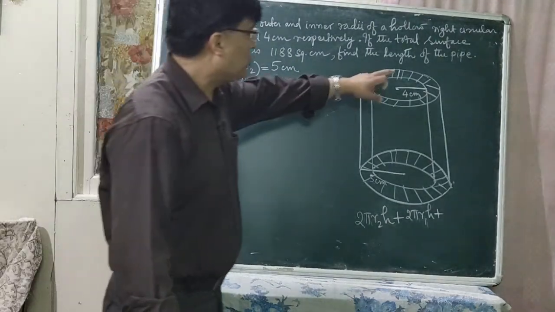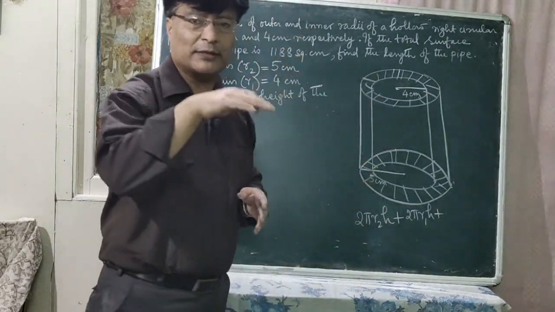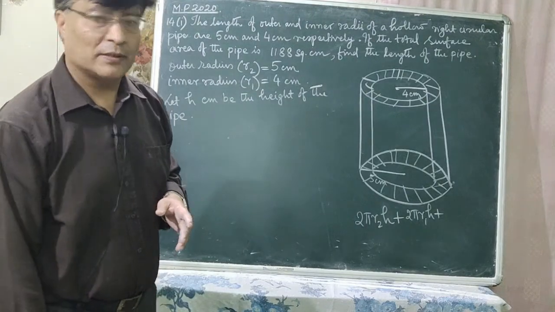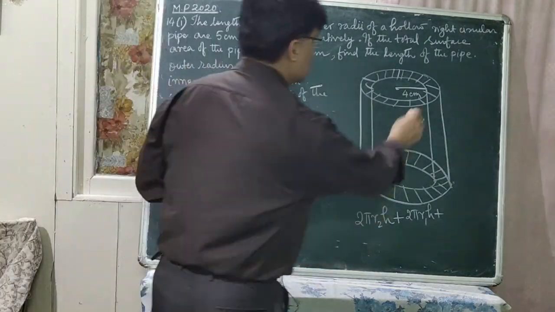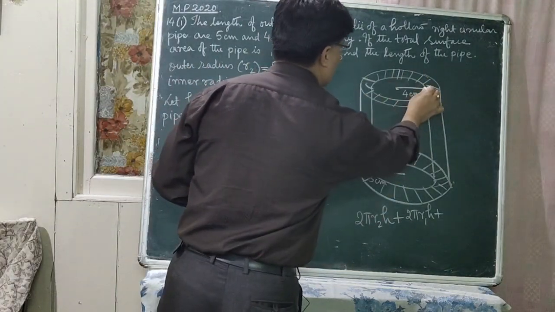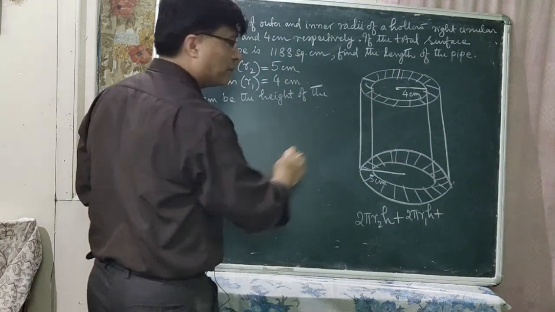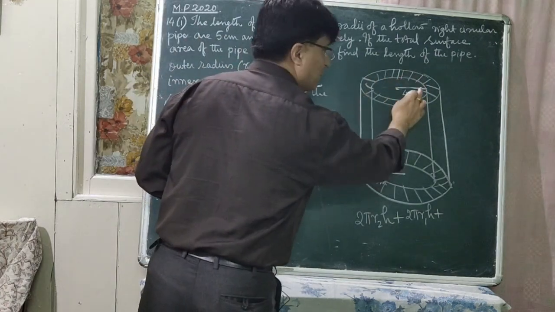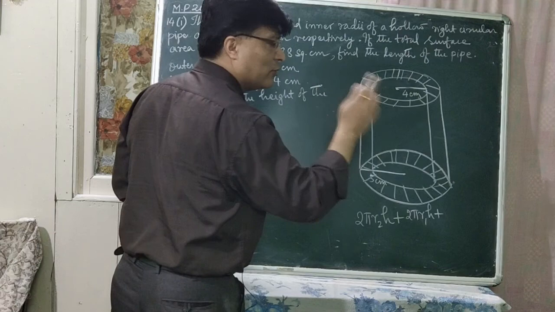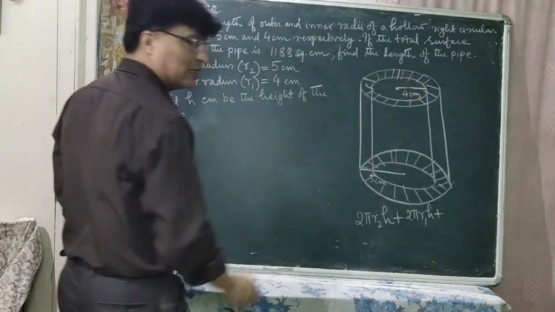Now the top is a circular ring. So this is your outer circle and the inner circle. Outer circle area minus inner circle area, you can get the area of this ring, isn't it?